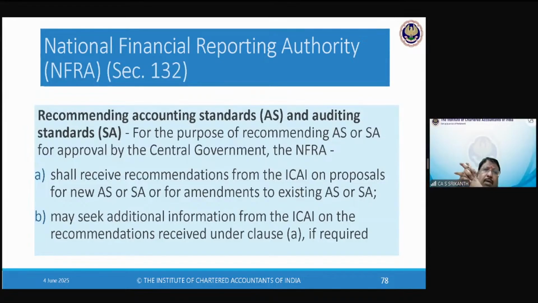So, for the purpose of recommending accounting standards or standards of auditing for approval by the central government, the NFRA shall receive recommendations from the ICAI on proposals for new AS or SA, or for amendments to existing AS or SA. See, as you know, in India we have a two-tier framework for accounting standards.